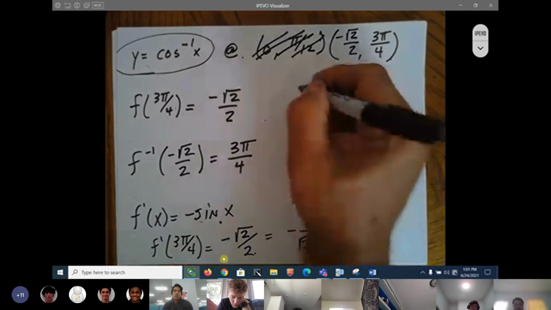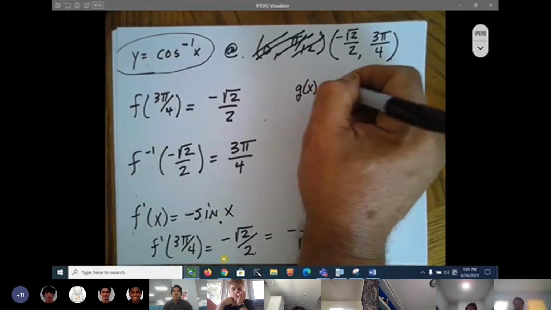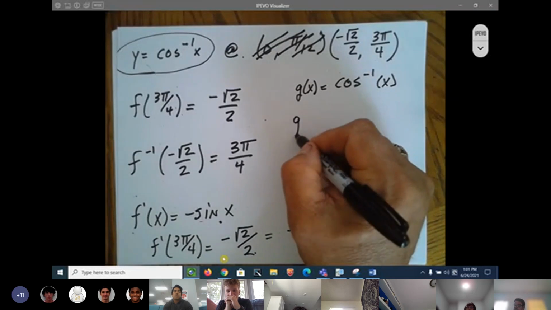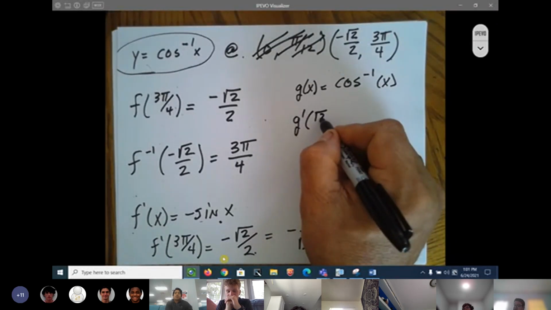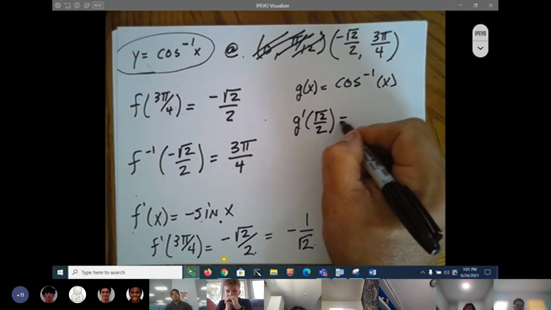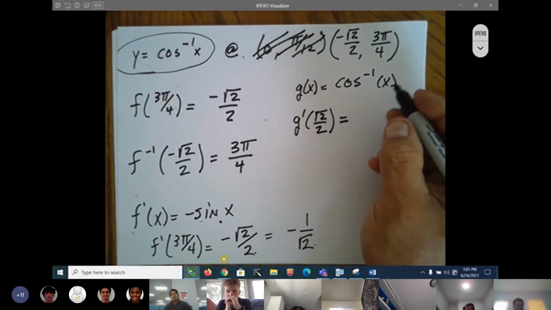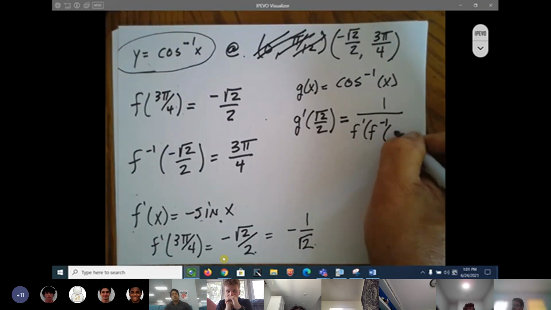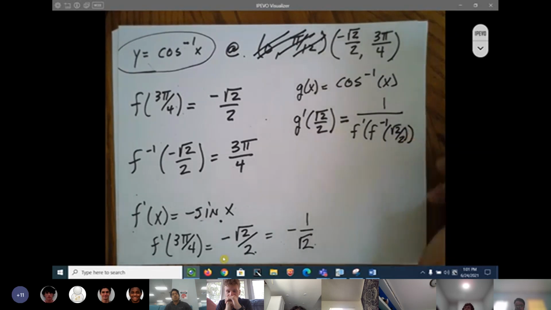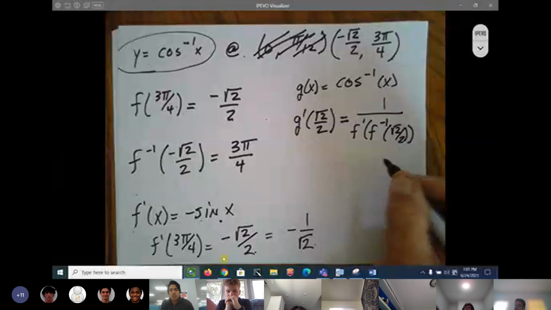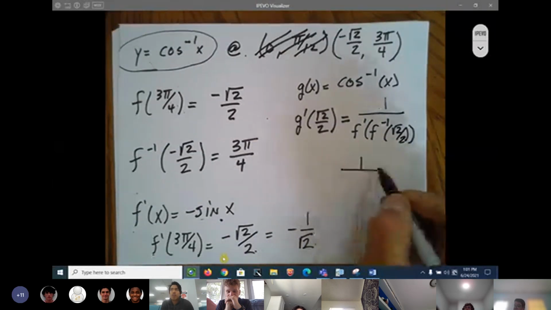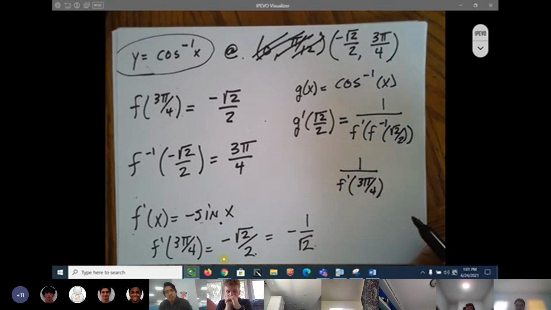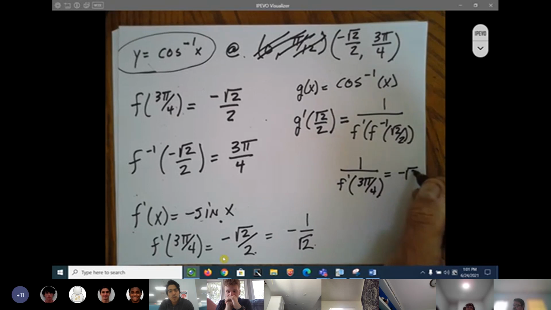And g of x, which is the inverse cosine, we'll plug that in. g prime of square root of 2 over 2 is equal to 1 over f prime of f inverse of square root of 2 over 2, which is equal to 1 over f prime of 3 pi over 4, which is equal to negative square root of 2.